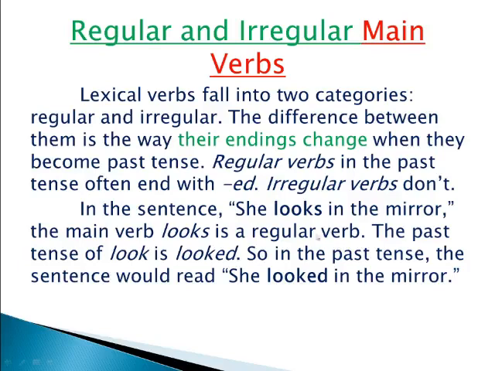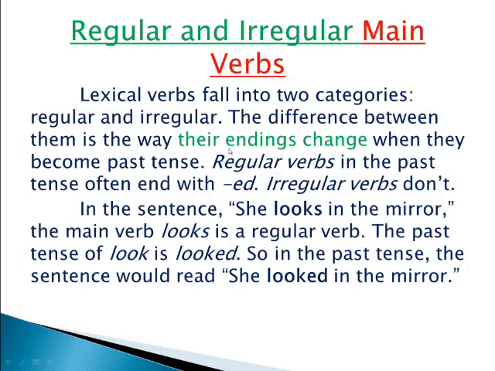Here you see lexical verbs. I already told you that a lexical verb is a main verb. Lexical verbs fall into two categories: regular and irregular. The difference between them is the way their endings change.